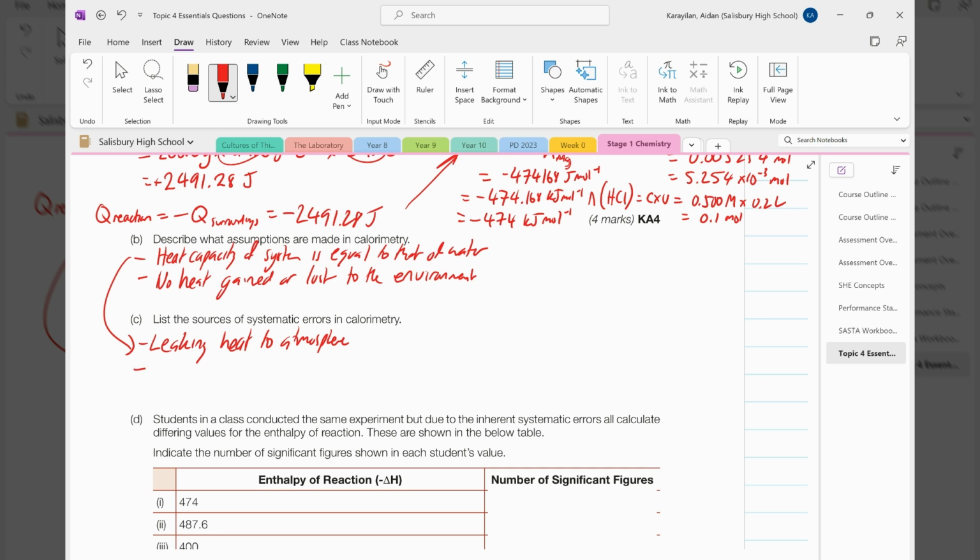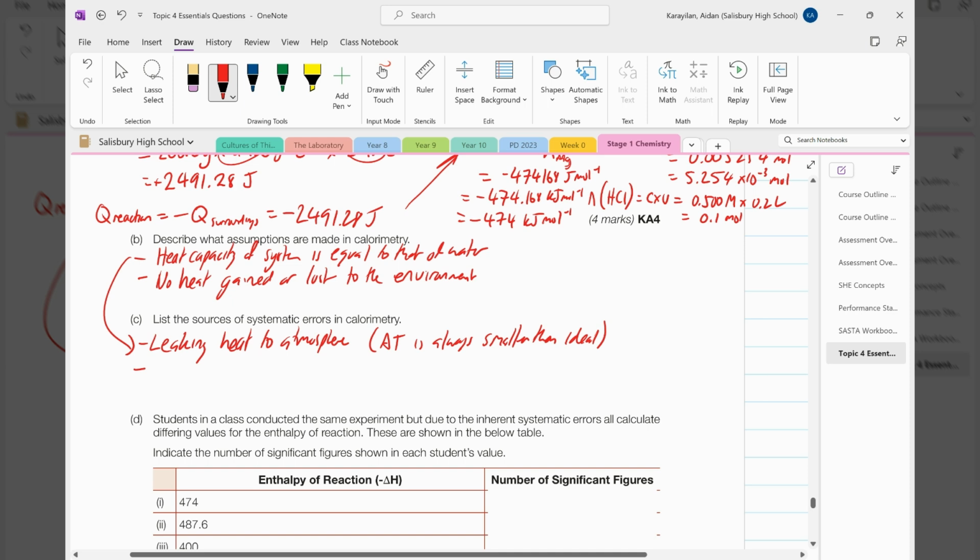So that means our temperature change, our delta T, is always smaller than ideal, because if it's increasing in temperature, some of the heat is lost. If it's decreasing in temperature, some heat is gained from the atmosphere.